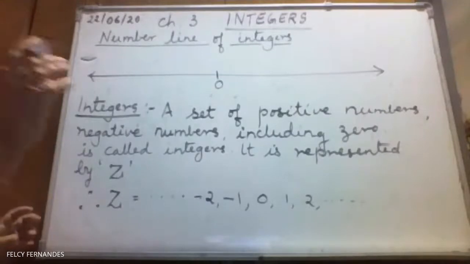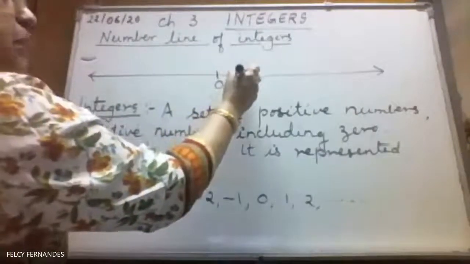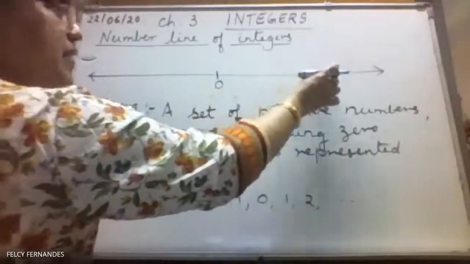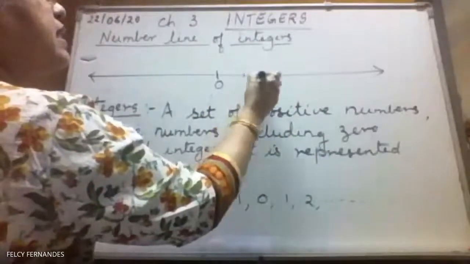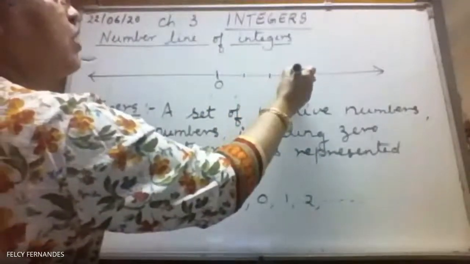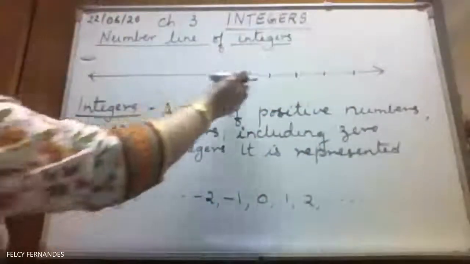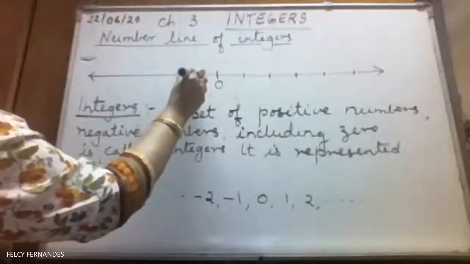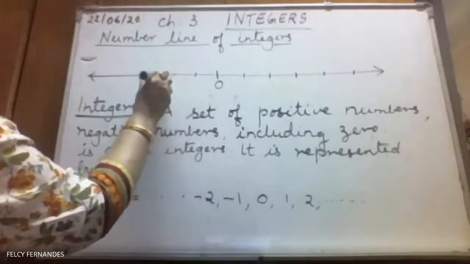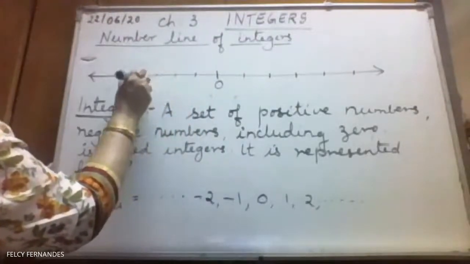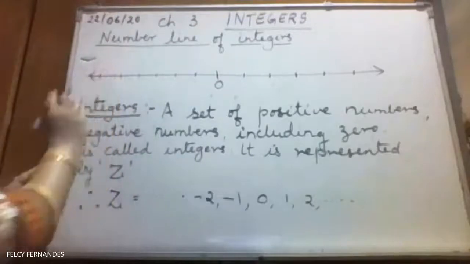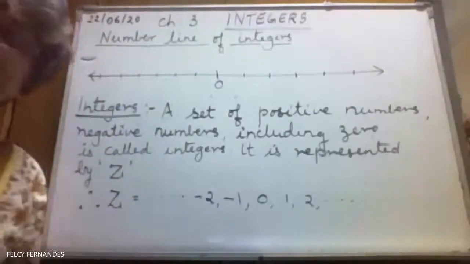And you can keep your scale and keep measuring maybe 1 centimeter because the distance should be equal. Mark like this. On either side of 0, you can mark 1 centimeter using your scale and pencil.